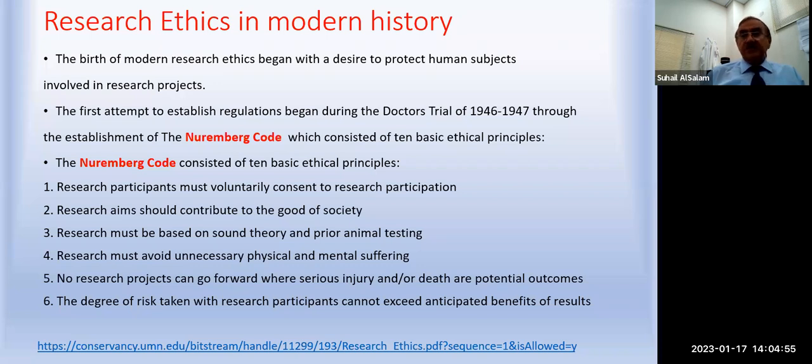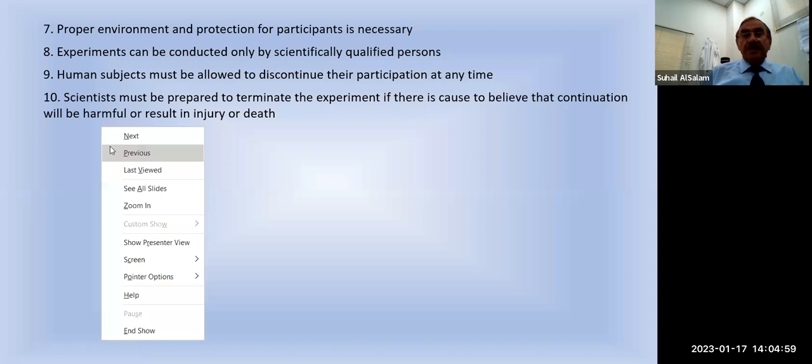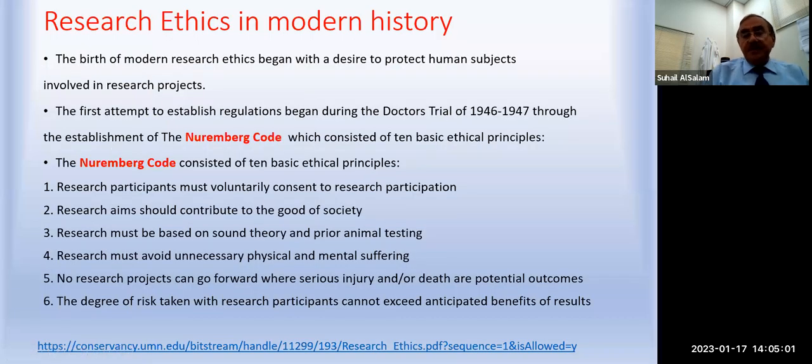I will start with the early, or modern, history of research ethics, or ethics in research. Actually, the birth of modern research ethics began with the desire to protect human subjects involved in research projects.